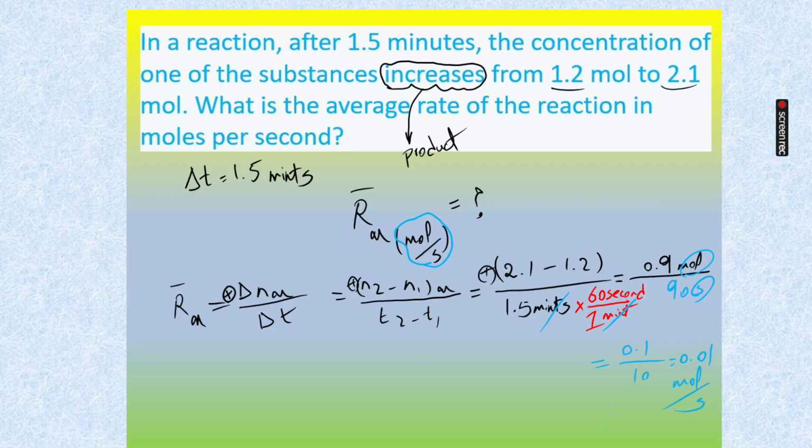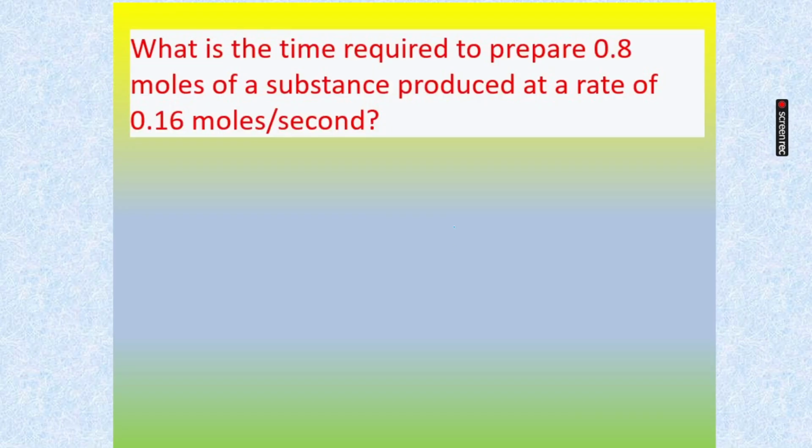Hope that you understand what I'm doing here. And okay, let's bring another example. It says, what is the time required to prepare 0.8 moles of substance produced at a rate of 0.16 moles per second?